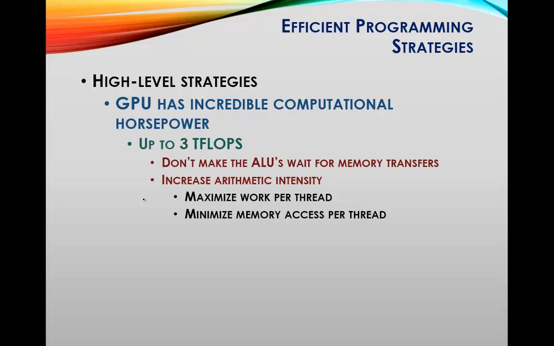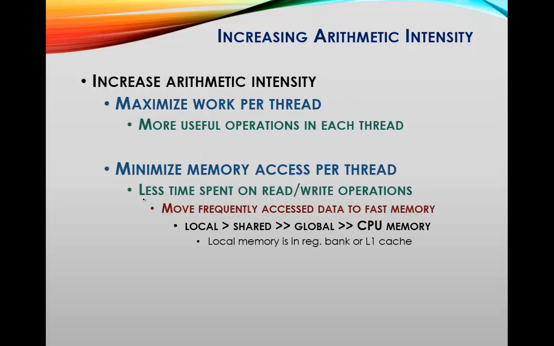I'm going to go ahead and talk about these two aspects. The first aspect was easy to see how we can do: if you want to maximize the work that each thread does, basically try to include a lot of useful operations in each thread.